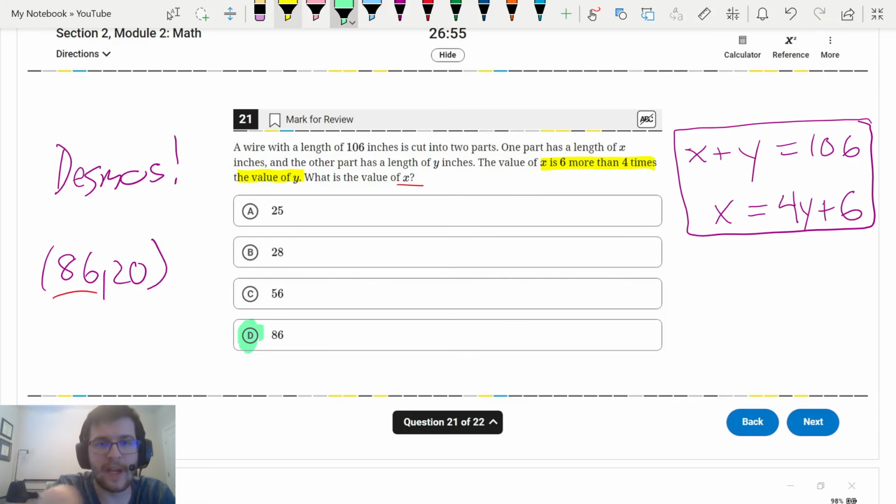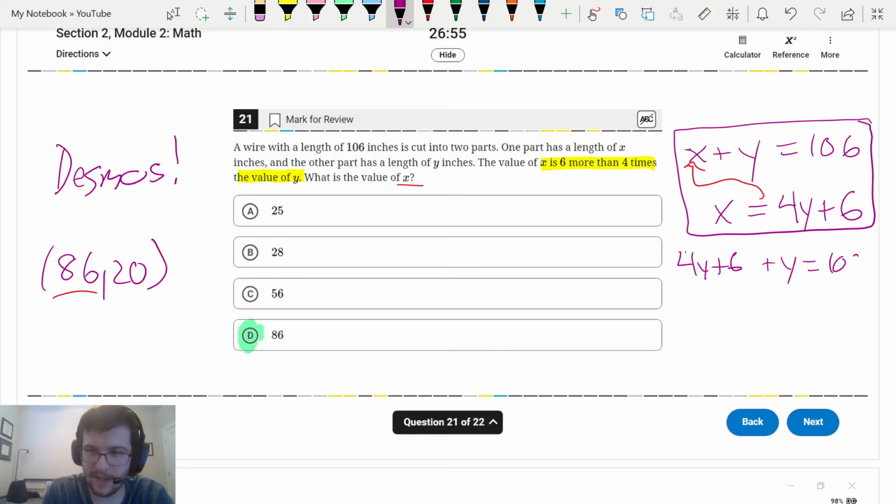If you were going to do this by hand, again, notice we have one of the letters by itself, so it's probably more convenient to use substitution. So let's substitute. x plus y equals 106, so 4y plus 6 plus y equals 106.